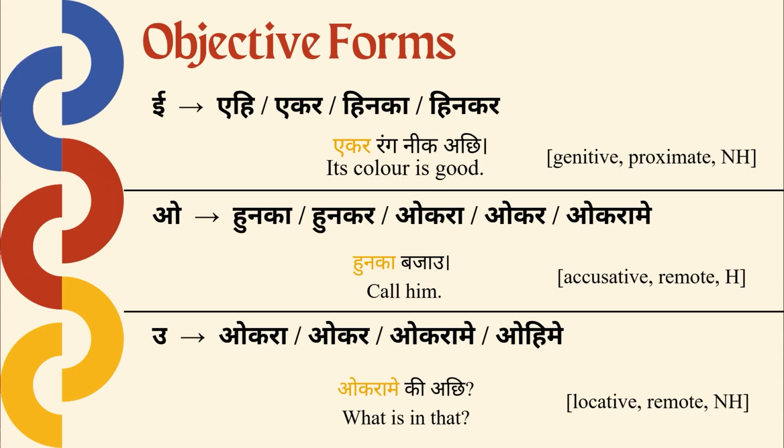So if we have to ask something like what is in that, we'll say okra mein ki ach. Okra mein ki ach. So again okra mein here is a locative. We are locating something by maybe our fingers. Okra mein ki ach, and it is remote and non-honorific because it is, in this particular example, it is non-human.